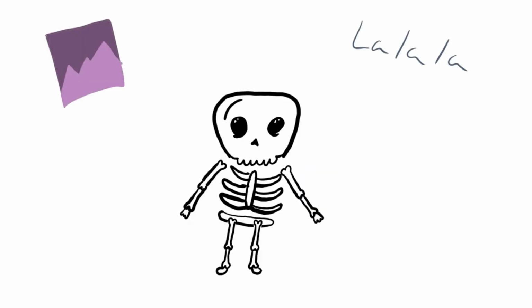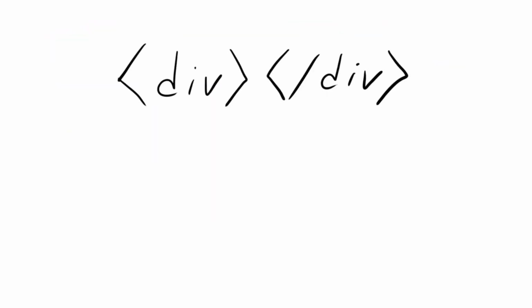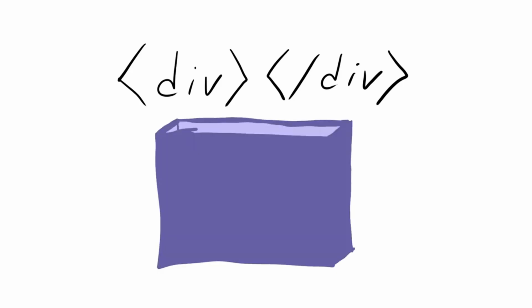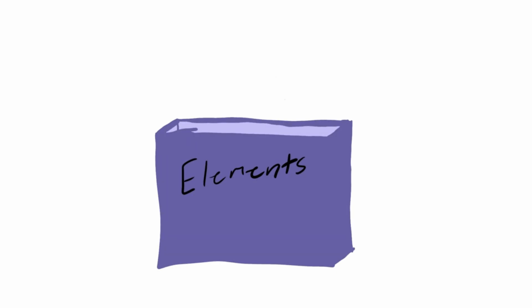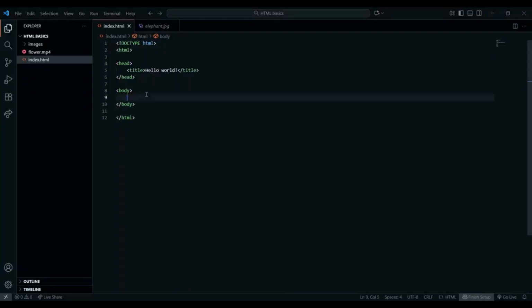Now, we are giving your page a real structure with HTML divs, spans, and layout tags that hold everything together in its place. So you can think of a div like a container. It's like a box that holds a group of elements together, and it doesn't change how things look, but it helps to organize your layout and also later to use in your styling. So I can show you an example of how to use a div.